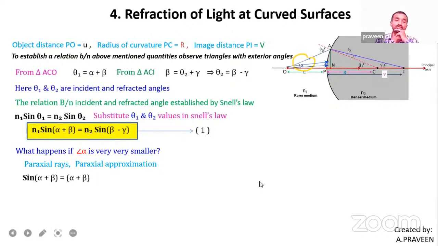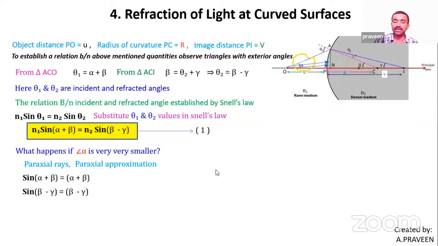This is called an approximation, because the value of alpha plus beta is very, very small, and there is very little variation between sin of alpha plus beta and alpha plus beta. That's why we approximate sin(alpha plus beta) as alpha plus beta. Similarly, sin(beta minus gamma) is approximated as beta minus gamma.